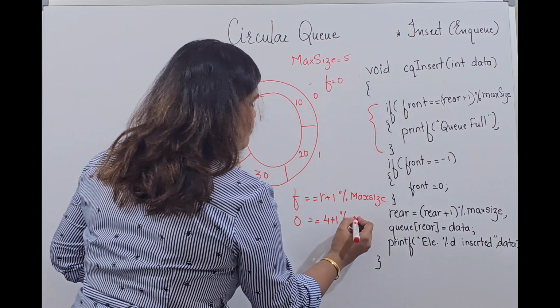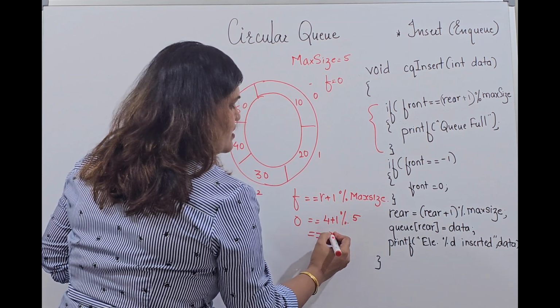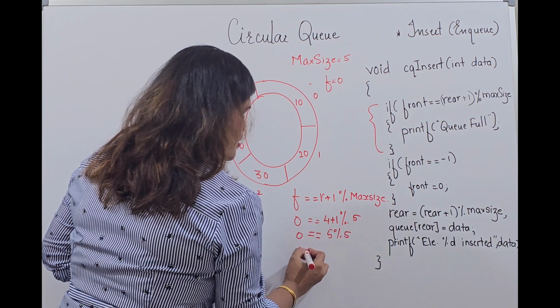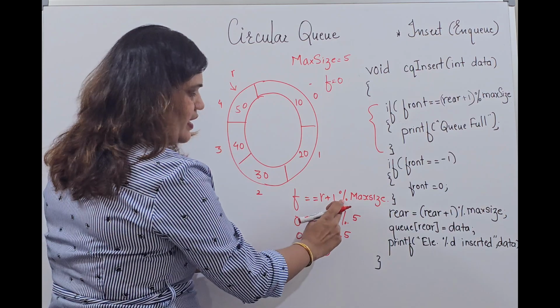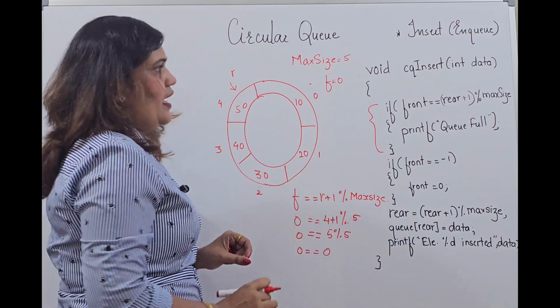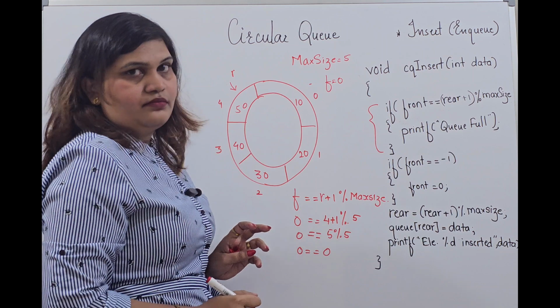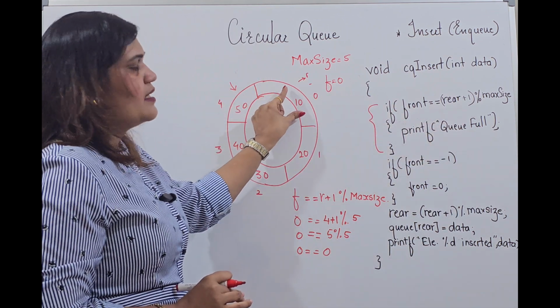My maximum size is 5. Do the calculation: 4 plus 1 is 5, 5 mod 5 is 0. So my front value and my rear value are the same, and if they are the same, that means my queue is full. To check if it is full, I need to check whether my front and rear are at the same position.